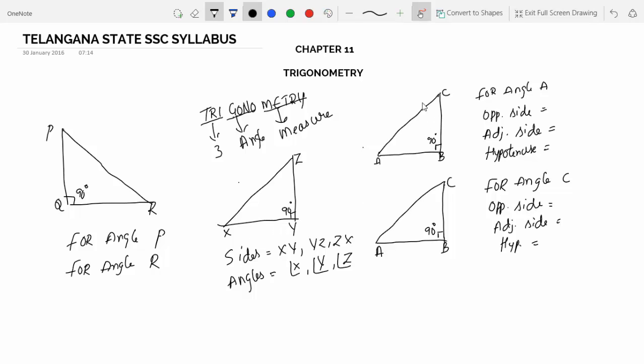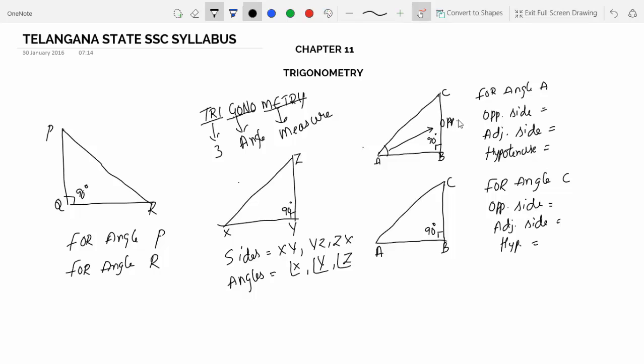Now, let us try and find out how do we name the sides in a right triangle. I have drawn triangle ABC with angle B as 90 degree. Now, we'll find out what is the opposite side, what is the adjacent side and what is the hypotenuse for angle A. For angle A, the opposite side is BC.